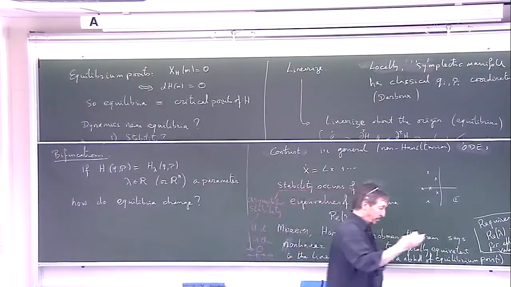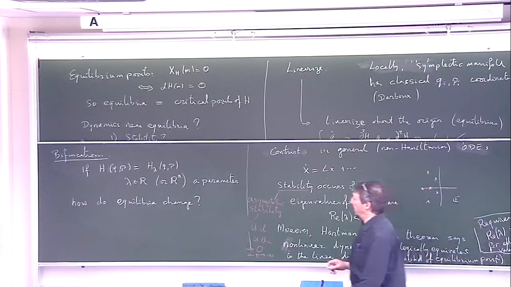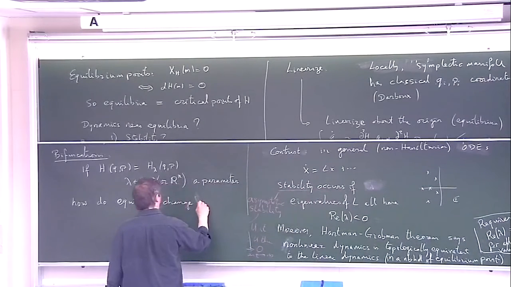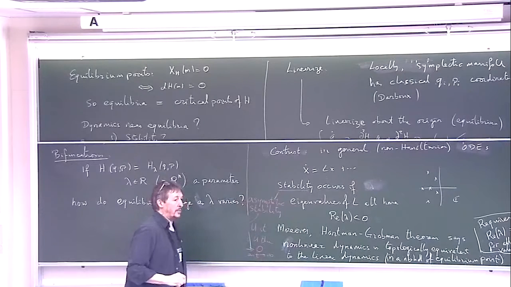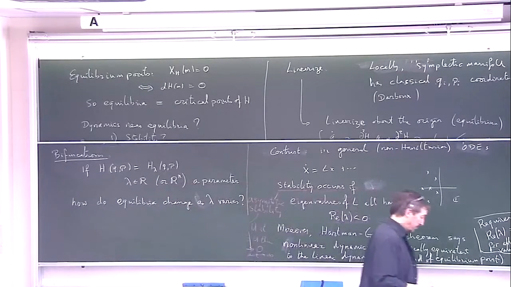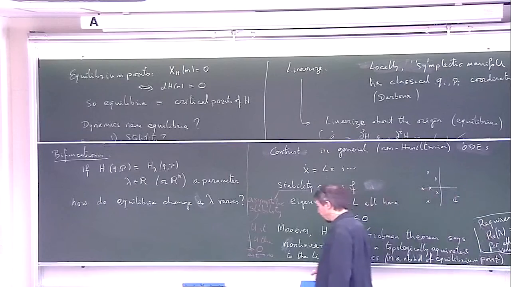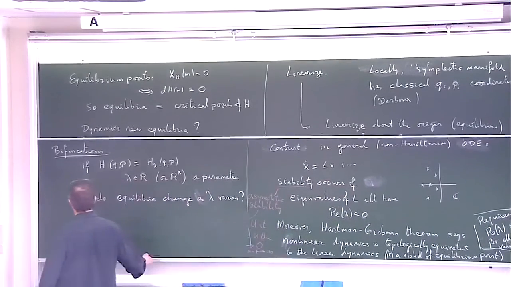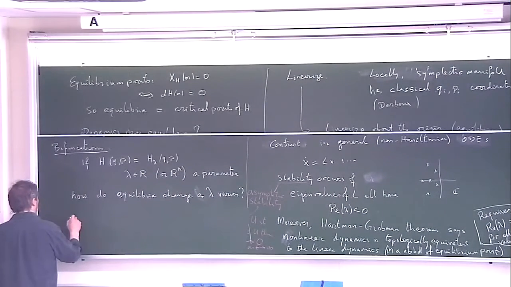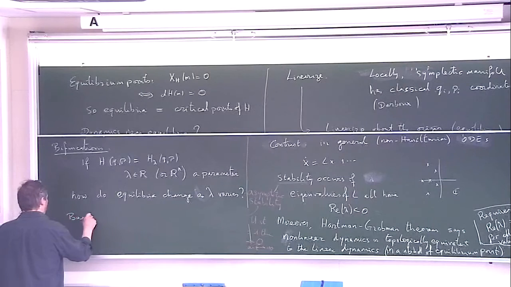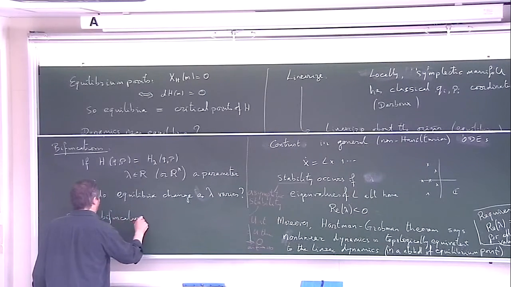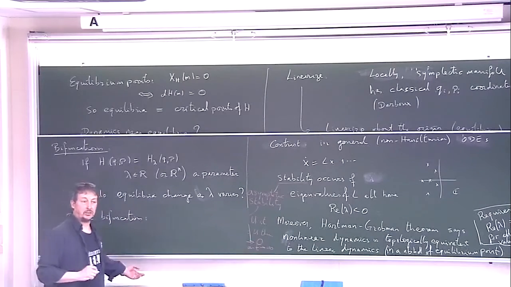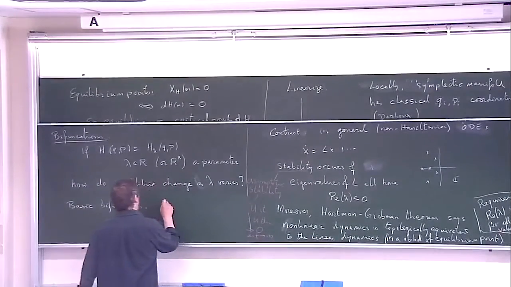So as you vary a parameter, this is where symmetry starts to be important. So the basic bifurcation is called saddle node.